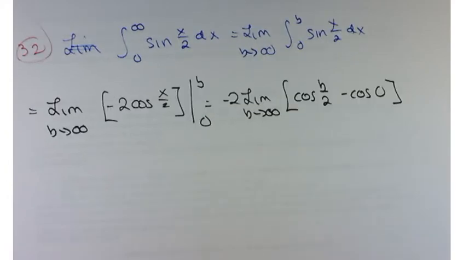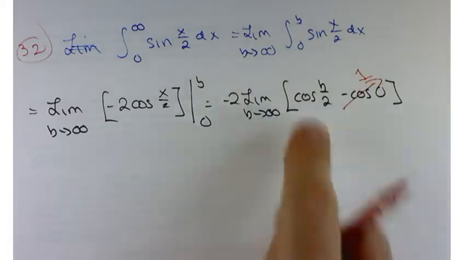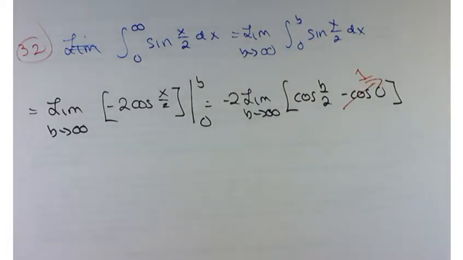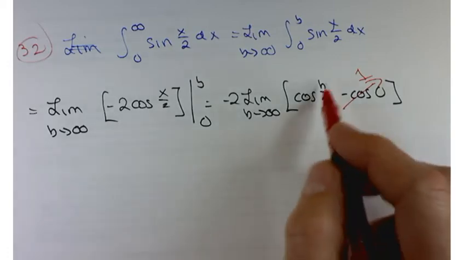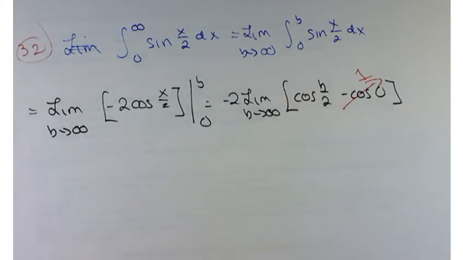Now at least that last part is easy. That's just a 1. But what about cosine of b over 2 as b approaches infinity? Does that go anywhere? No, it actually doesn't converge to anything. It does not approach a limit.